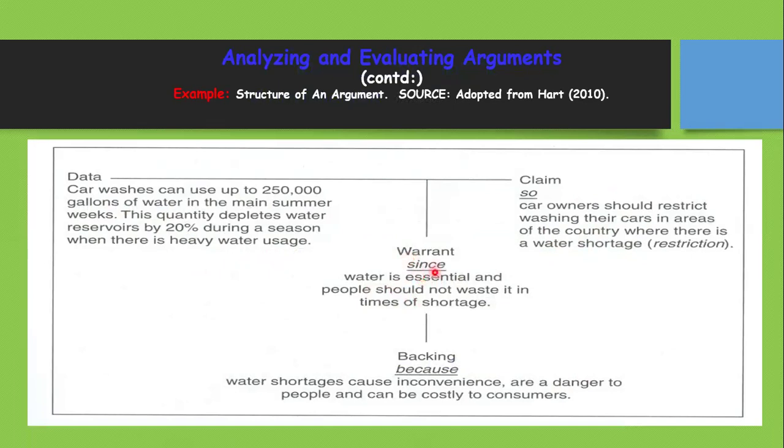So the warrant, what is the warrant? Water is essential and people should not waste it in times of shortage. So this is a warrant. This is, you can say, a healthy comment towards the unfruitful usage of water. Now, backing: water shortage causes inconvenience, is a danger to people and can be costly to consumers.